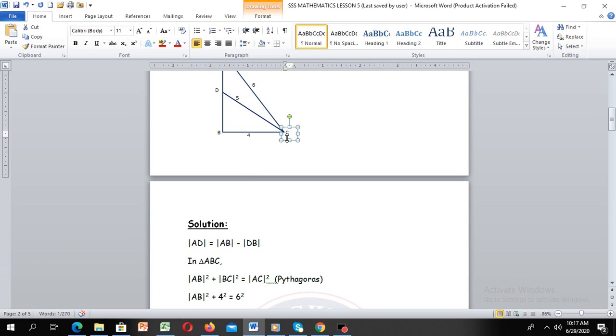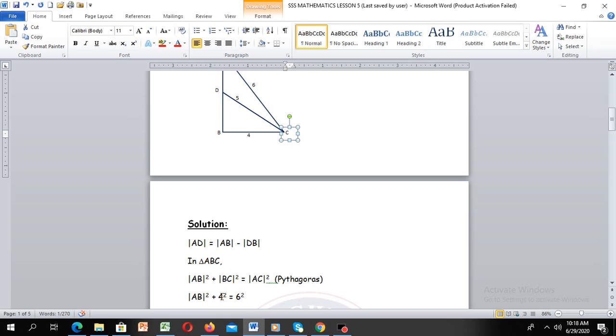And that is Pythagoras rule: the sum of the squares of the two adjacent sides of a right angle triangle is equal to the square of the hypotenuse. Okay, so length AB, we don't know it, but we know length BC as 4 units.